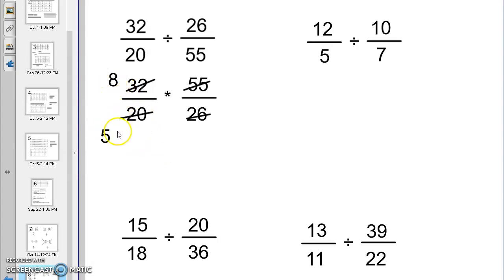So 8 and 5. Now diagonally, 5 goes into 5 once. 5 goes into 55 11 times. Here, 2 goes into 8 4 times. And 2 goes into 26 13 times. And now we end up with 44, we multiply across, over 13.